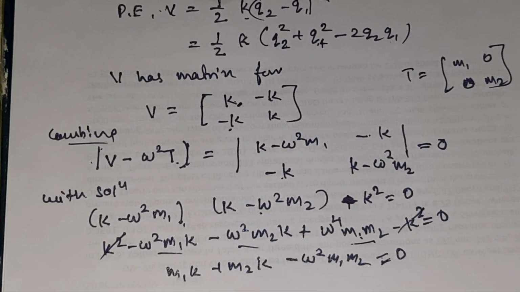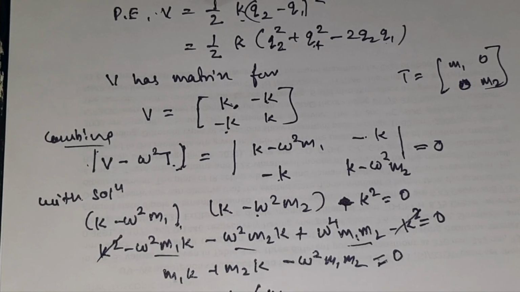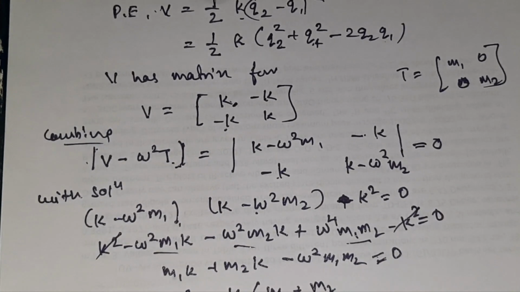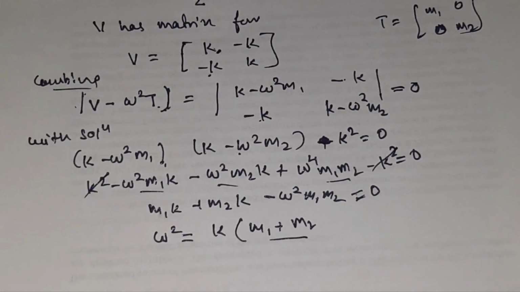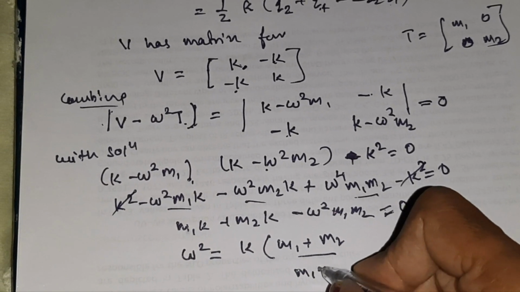Then omega square is equal to K into (m1 plus m2) by m1 m2.